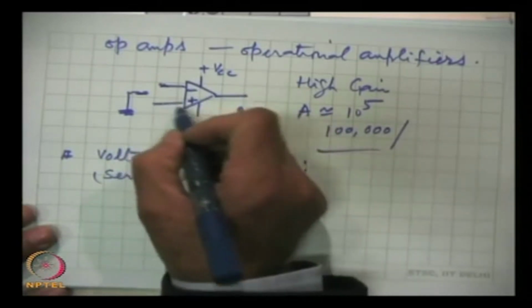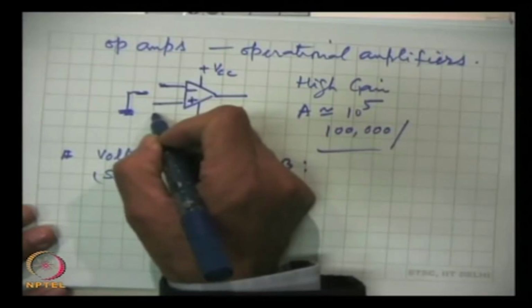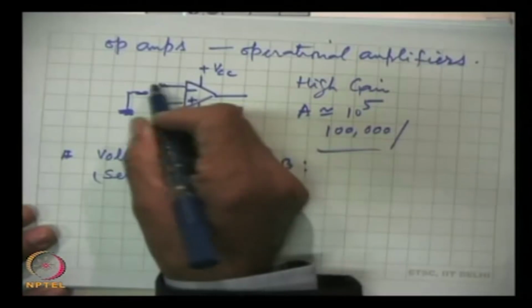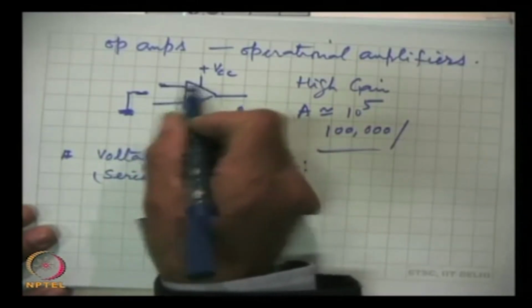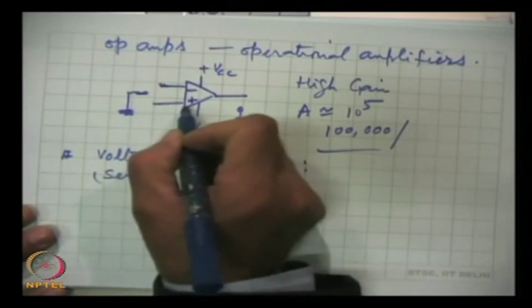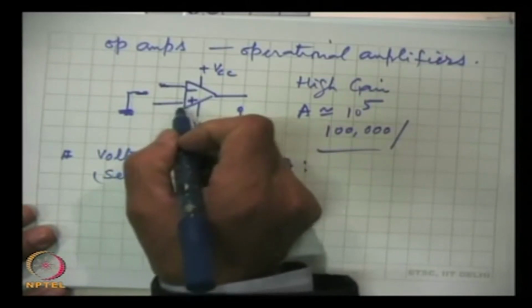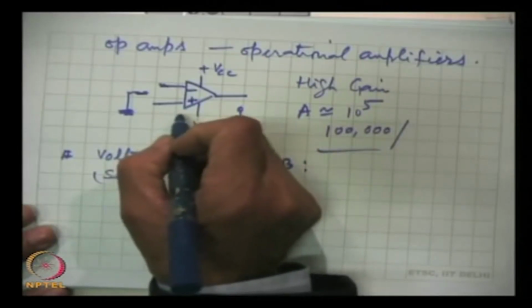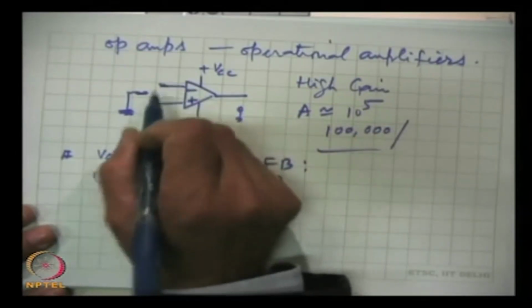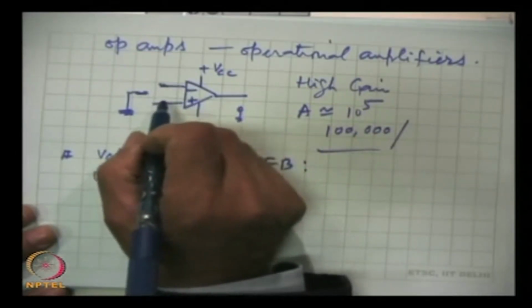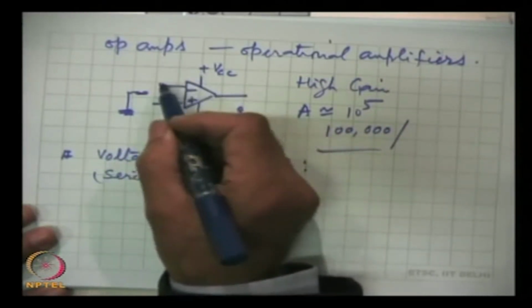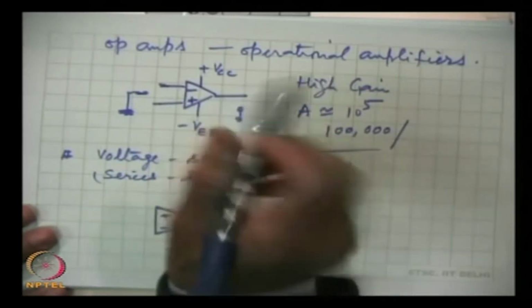If we ground this non-inverting terminal, then we are using it as an inverting amplifier, and if we ground the inverting input, then the signal will be fed to the non-inverting input, and then we are using it as a non-inverting amplifier. And if signals are given to both, none of the two is grounded, then we are talking about a differential amplifier, and the difference of the two signals will be amplified.